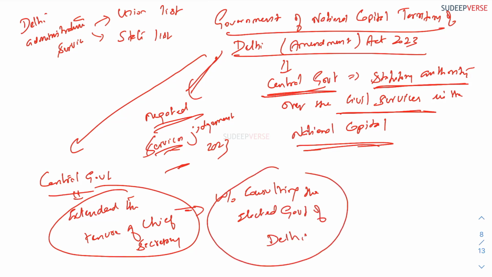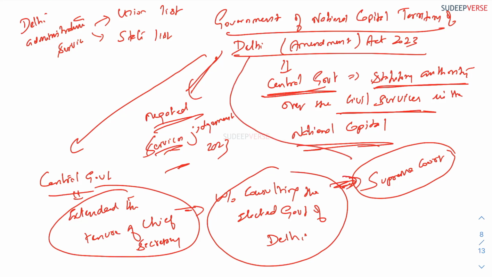Because of this, the Delhi government has filed in the Supreme Court that this is unconstitutional. It has filed not only about this extension of tenure, but also regarding the Amendment Act that negates the Services Judgment 2023. Now, where is the complication?